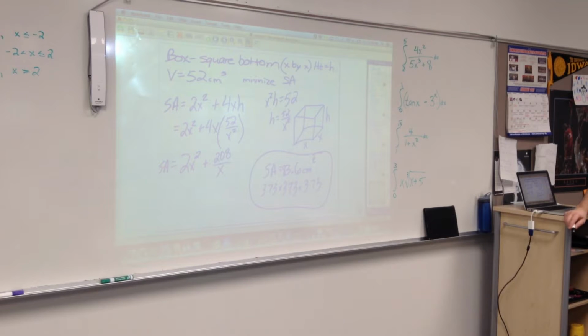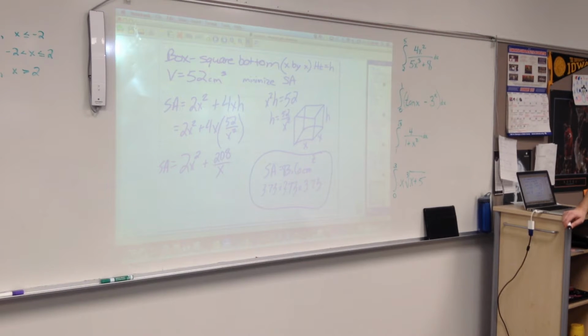Would the minimum surface area of a rectangular prism always just be a cube? As long as they don't put any requirements on the different sides of the box, then yes. If they tell you that we need the height to be twice the length or something like that, then obviously, no, it won't be.